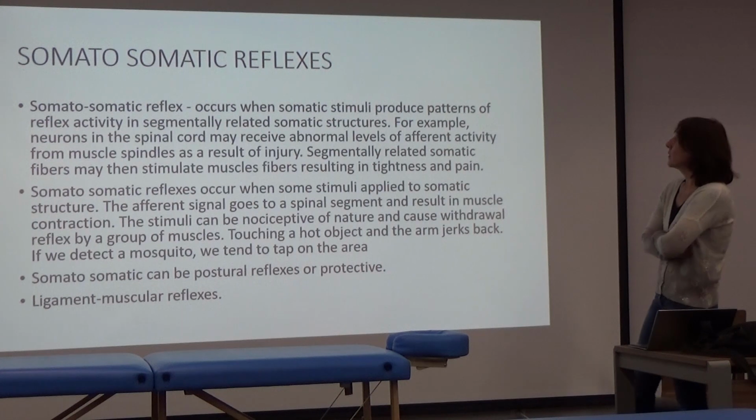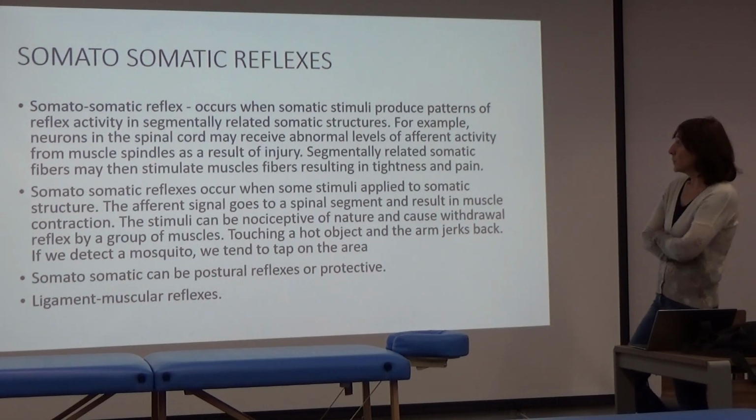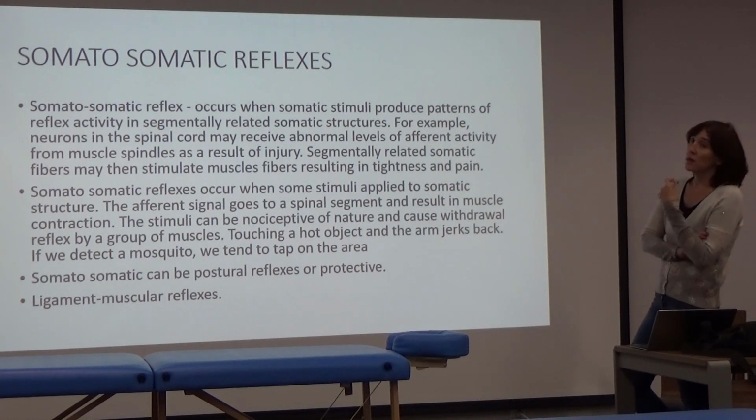Somatic reflexes occur when somatic stimuli produce patterns of reflex activity of segmentally related somatic structures. For example, neurons in the spinal cord may receive an abnormal level of afferent activity from muscle spindles as a result of injury. Segmentally related somatic fibers may then stimulate muscle fibers, resulting in tightness and pain.